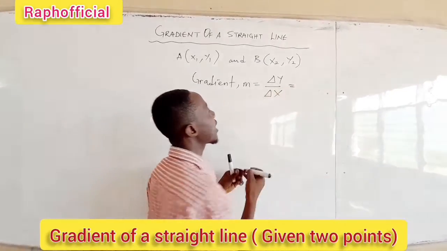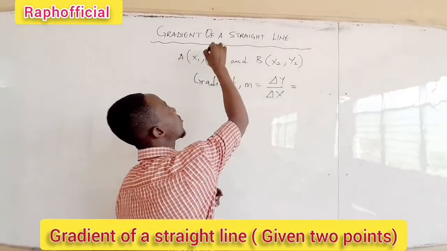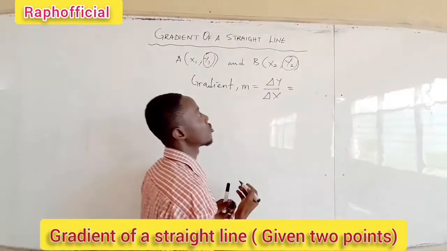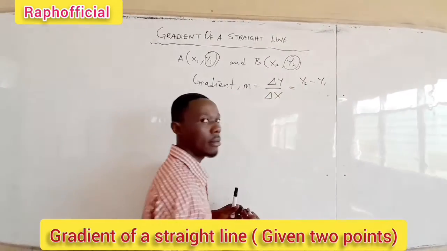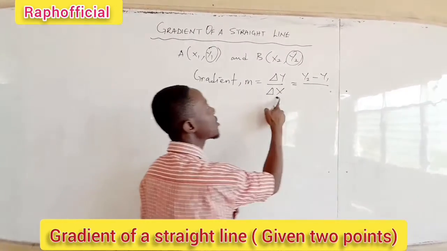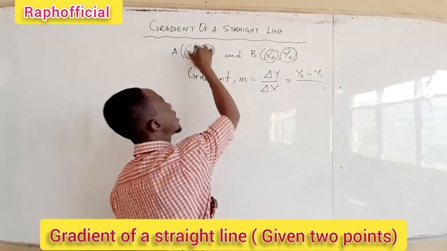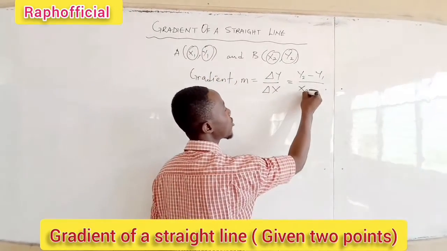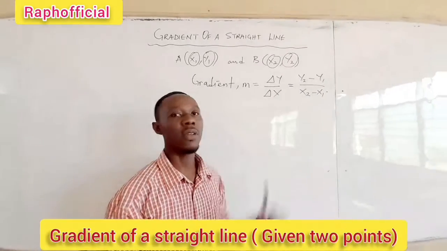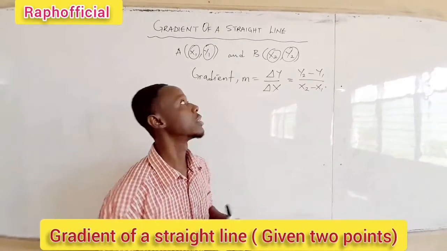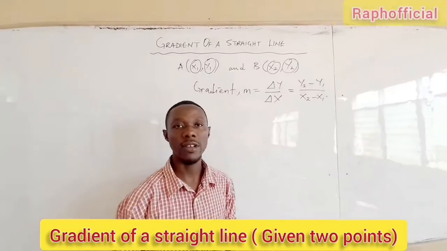The change of y: we have y1 and y2, so we can say y2 minus y1, divided by the change of x. We have x2 and x1, so x2 minus x1. The answer that we will get from this is the gradient for these 2 points.